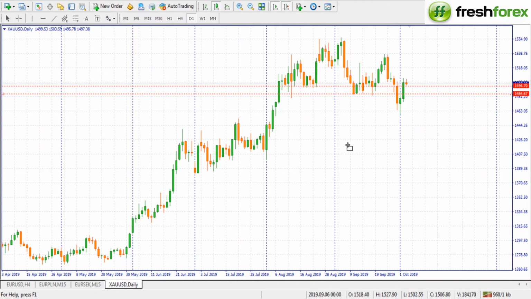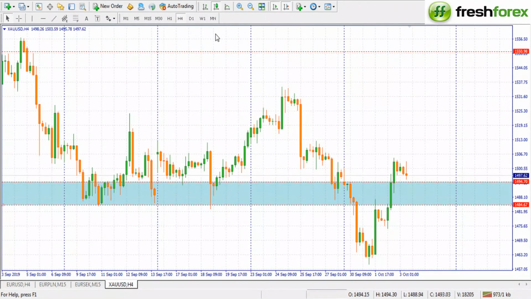What this simply means is that we are now continuing to the upper side. As long as you have price remaining above this level here, expect it to go up to this point. In the forwards, the same place.